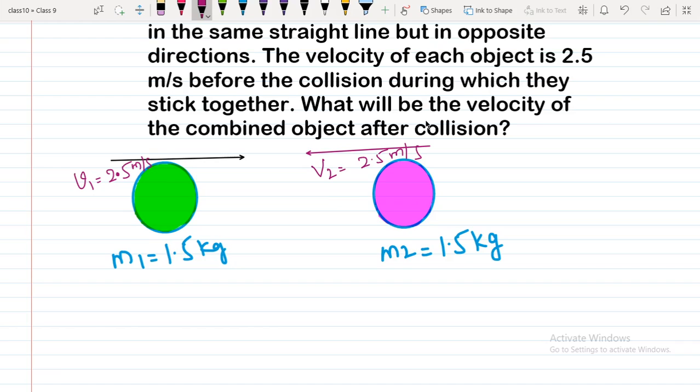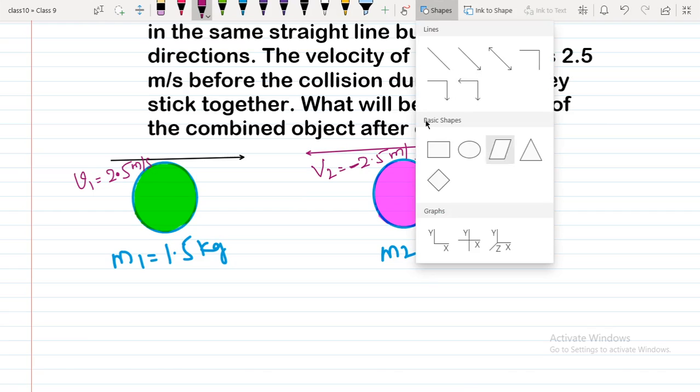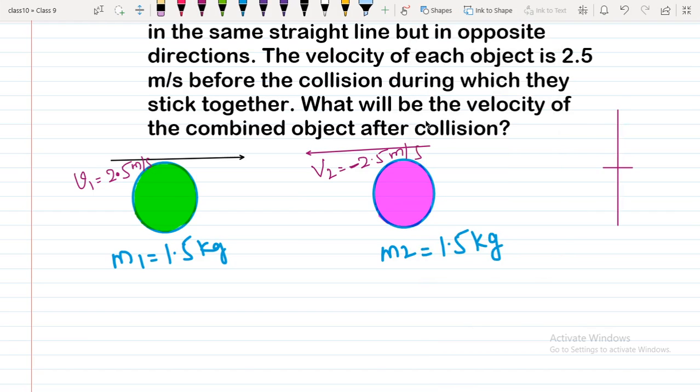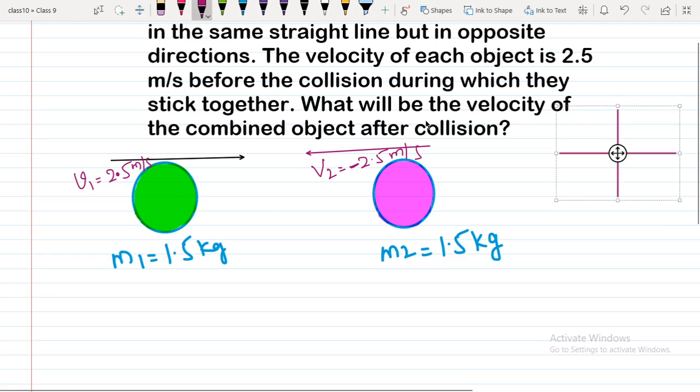so if its direction changes, we need to mention that with a sign. Here I am taking this as a negative sign. Or you can take it like this: suppose you take coordinate axes, x and y. If an object is moving along the positive x-axis, we take that as positive. Just like the green ball is moving along the positive x-axis direction.